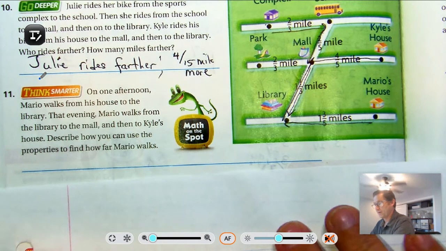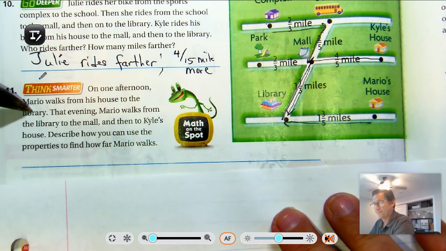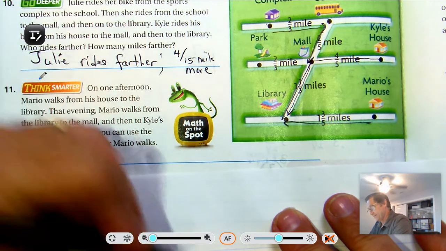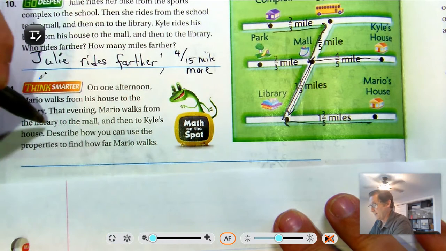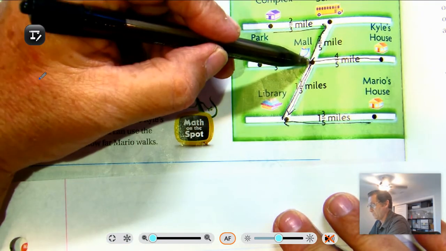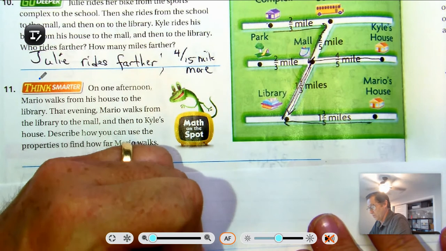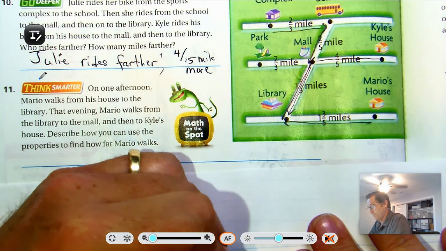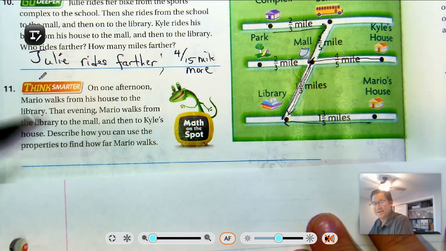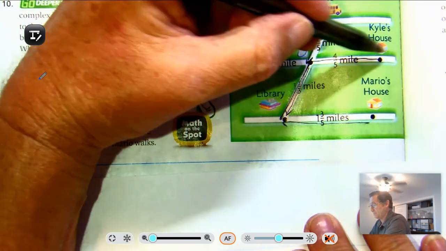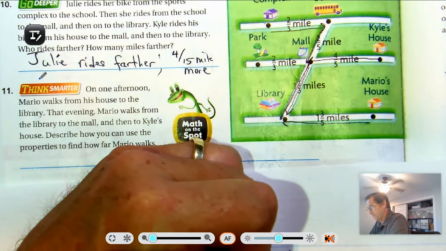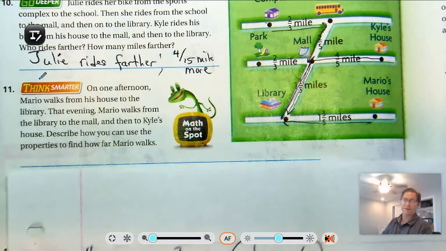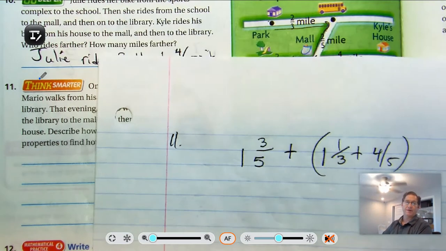All right, so that was from his house to the library. That evening, Mario walked from the library to the mall, which is 1 1/3 mile, and then to Kyle's house, which is 4/5 mile. Okay. So this is what I have right now.